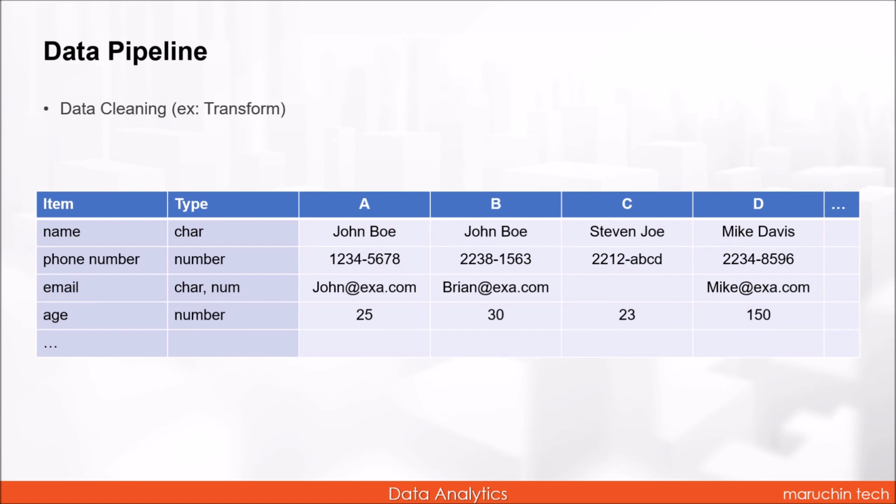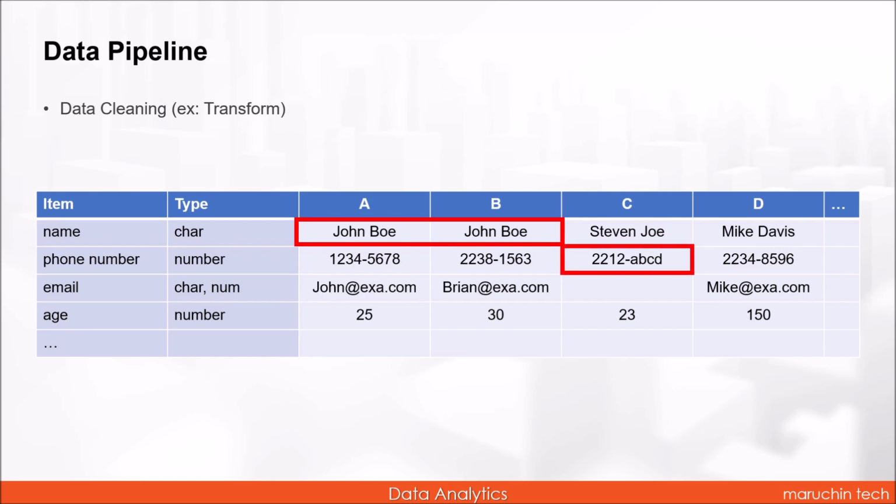And I will use a simple example to show what data processing looks like. Here is a simple list with name, phone number, email address, and age. There is a duplicate John Bow in the name field. Remove the duplicate if you need unique data.